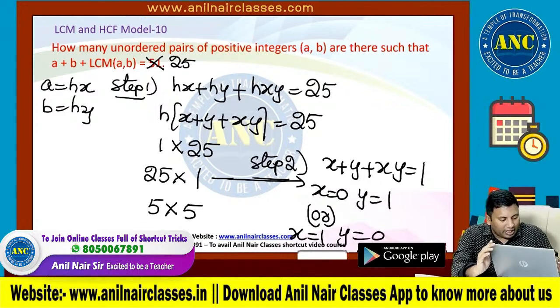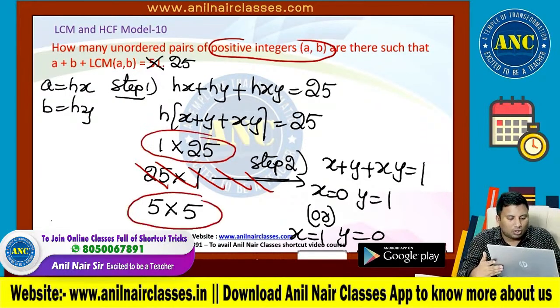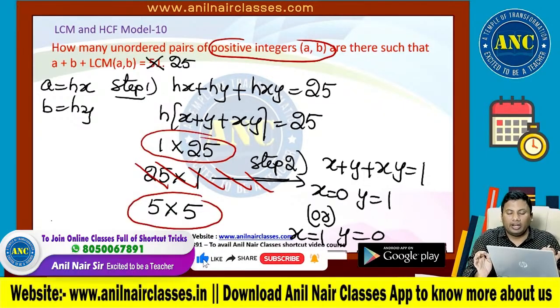X and Y cannot be 0 because it's a positive integer. Second value is eliminated. Only 2 values I got, 1 into 25 and 5 into 5. Till here clear, right? I will take this case as a step 3.